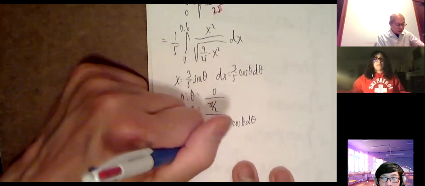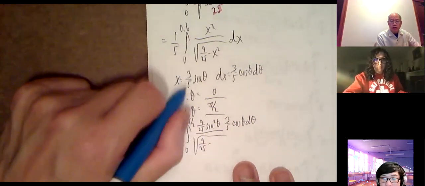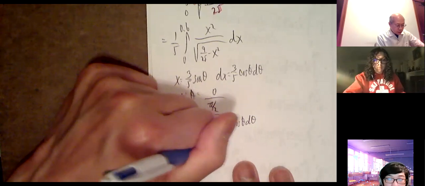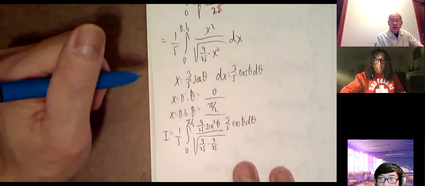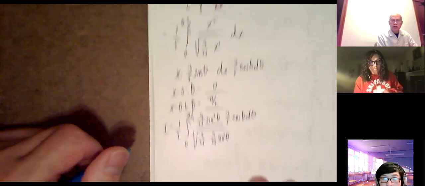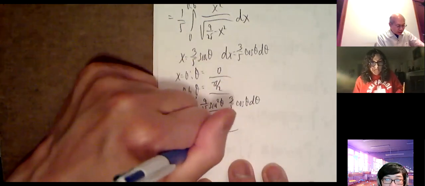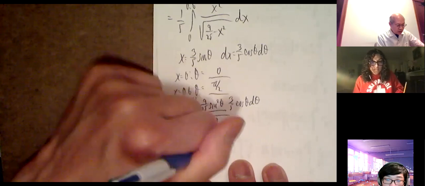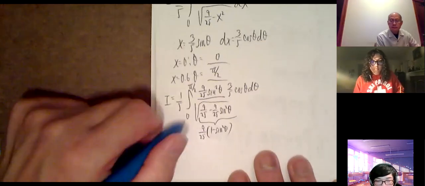Square root of 9 over 25 minus x squared. So I square this, 9 over 25 sine squared theta. And this I can treat as 9 over 25, 1 minus sine squared theta.